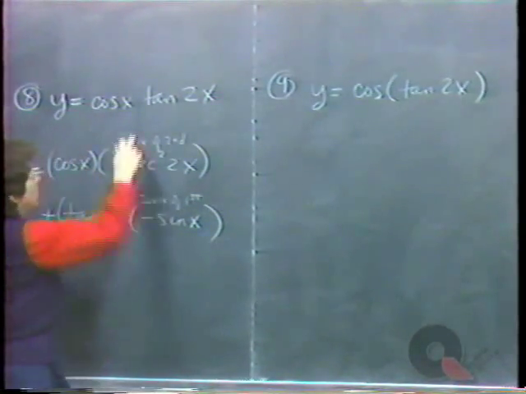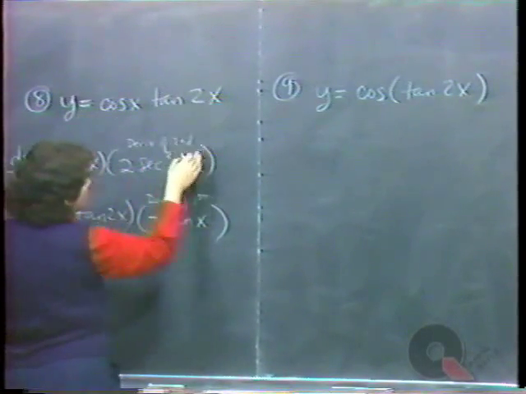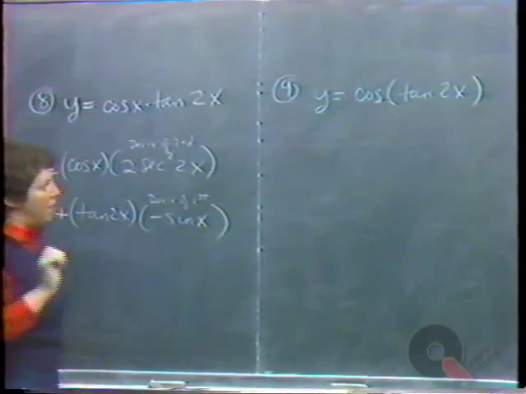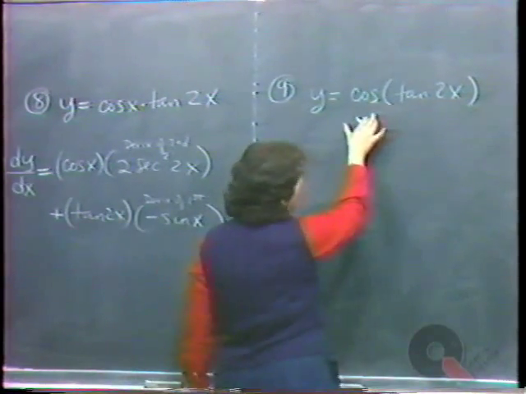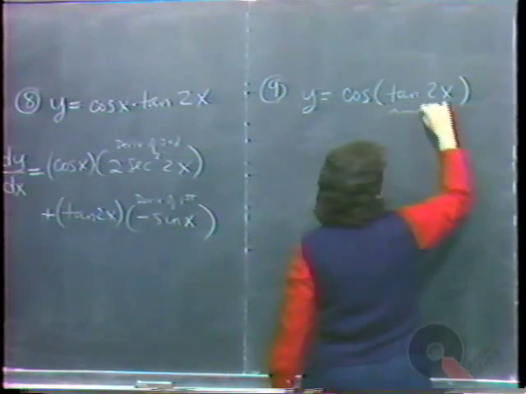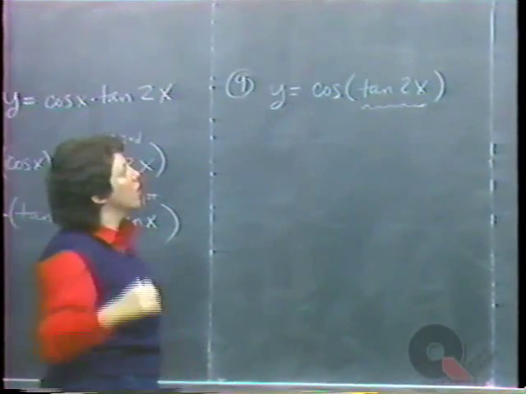The difference is that this is a product, because cosine x can stand alone, tan 2x can stand alone, so this must mean multiplication. However, cosine can't stand alone. What we're dealing with here is cosine of something, okay? Cosine of squiggle. This is not a product. This is a cosine of squiggle problem.